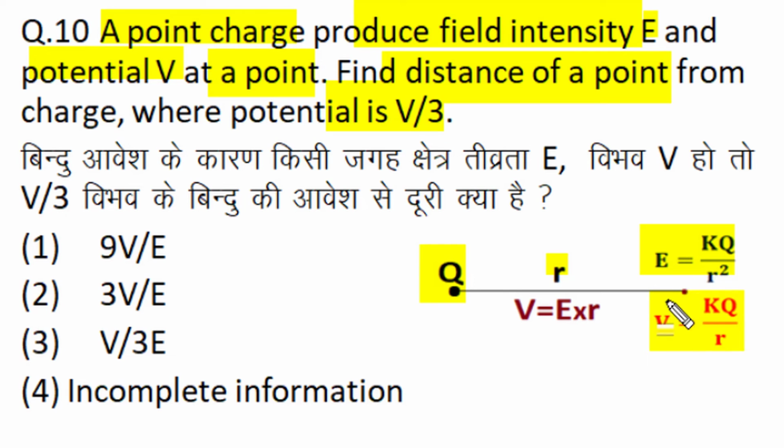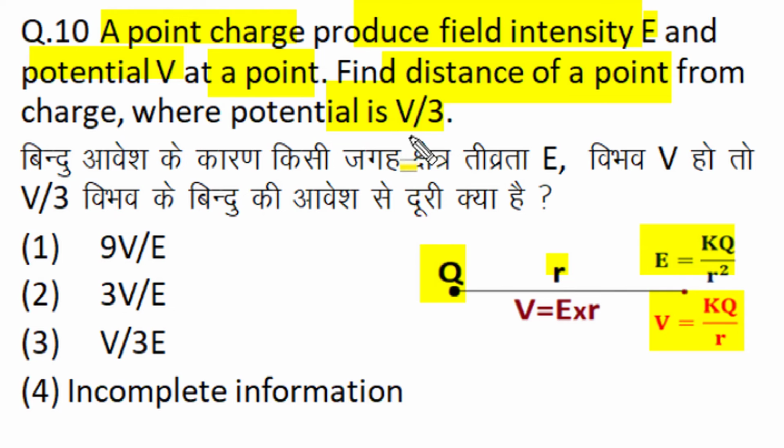And if we know E and V, the ratio of V to E is the distance of the observation position r, and the ratio of V square upon E is kq, and k is the constant 9 into 10 to the power 9. So we can find the amount of source charge or the distance of the test position if we know E and V. So here the distance of the test position having potential V from the source charge capital Q is V by E.